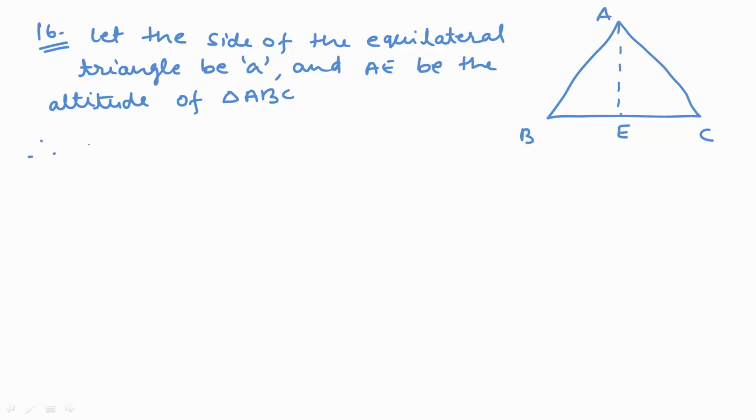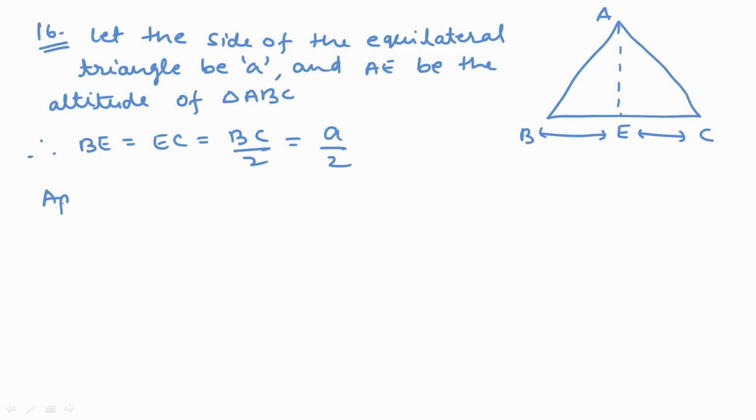Therefore BE is equal to EC, both lengths are equal. BE is equal to EC is equal to BC by 2, and we let the value of BC be A. This will be equal to A by 2.